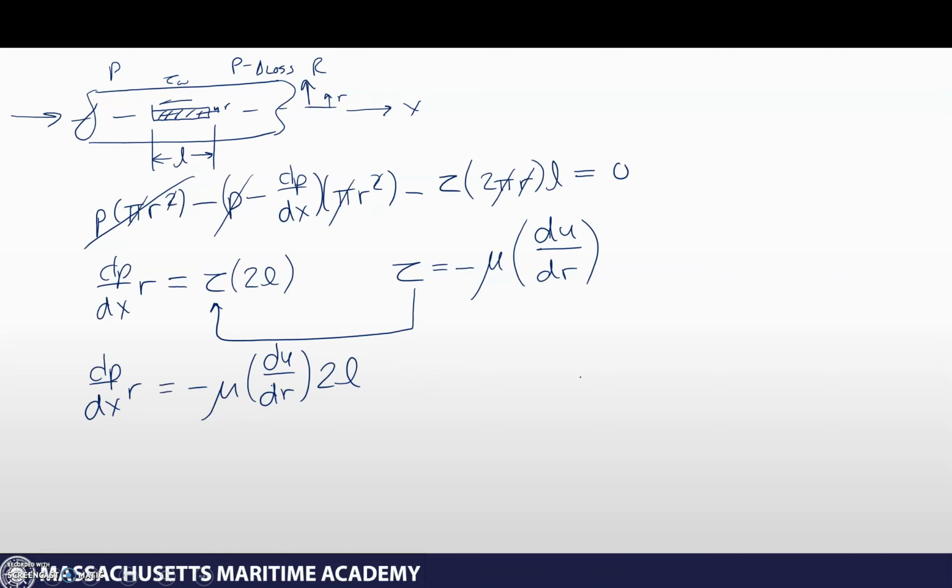Now I want to rearrange this equation because I want to separate the variables out and then integrate it. I'm going to assume that dp dx is a constant quantity.